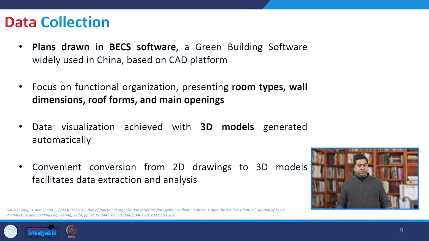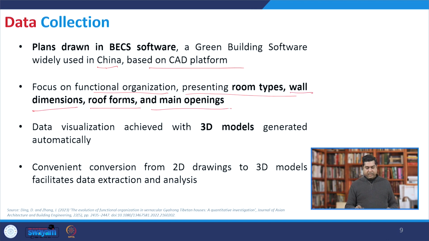Now, data collection. After the field measurement and available information, the authors used the BCS software, a green building software widely used in China based on a computer aided design platform. All plans are drawn, focusing on functional organization, presenting room types, wall dimensions, roof forms and main openings, which are computed, measured and developed.